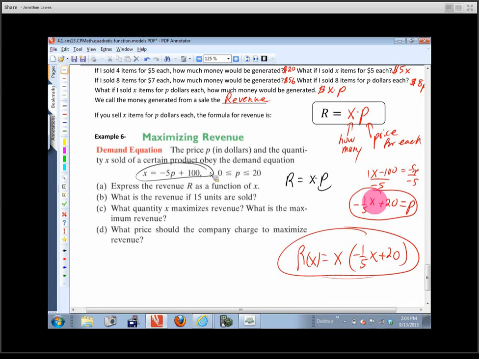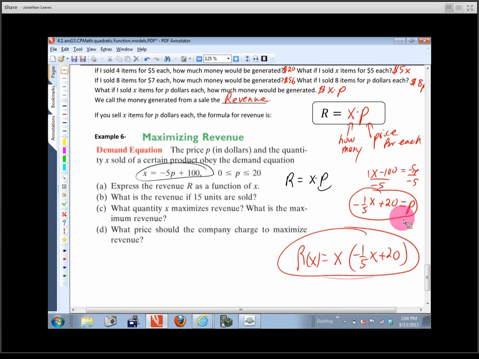The demand equation and the price equation are related. Here it's solved for X, what the demand is going to be, how many we want to sell. And over here it's solved for P, what the price is going to be set at. I think everything from here on out, if you get those things, shouldn't be too terribly bad. You in good shape? Okay, let's look at part B.